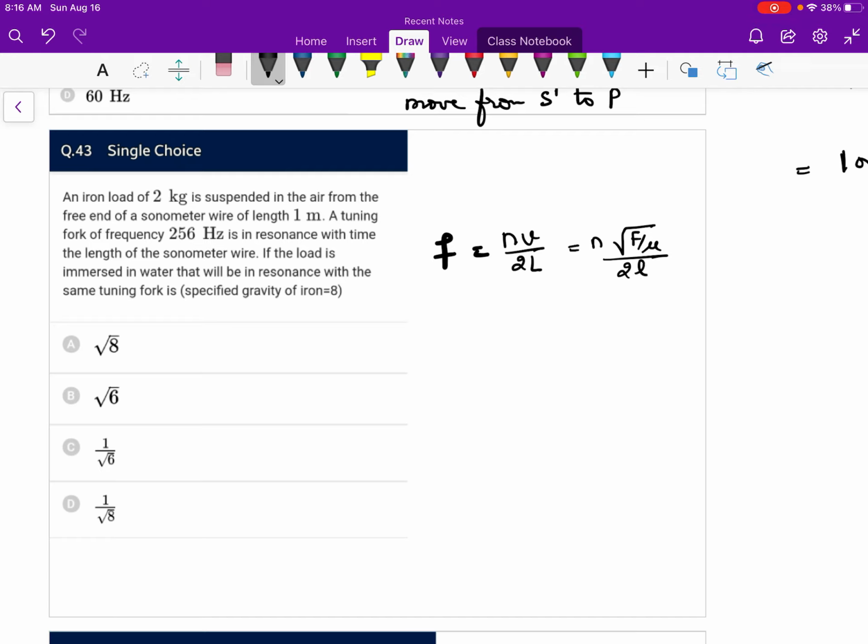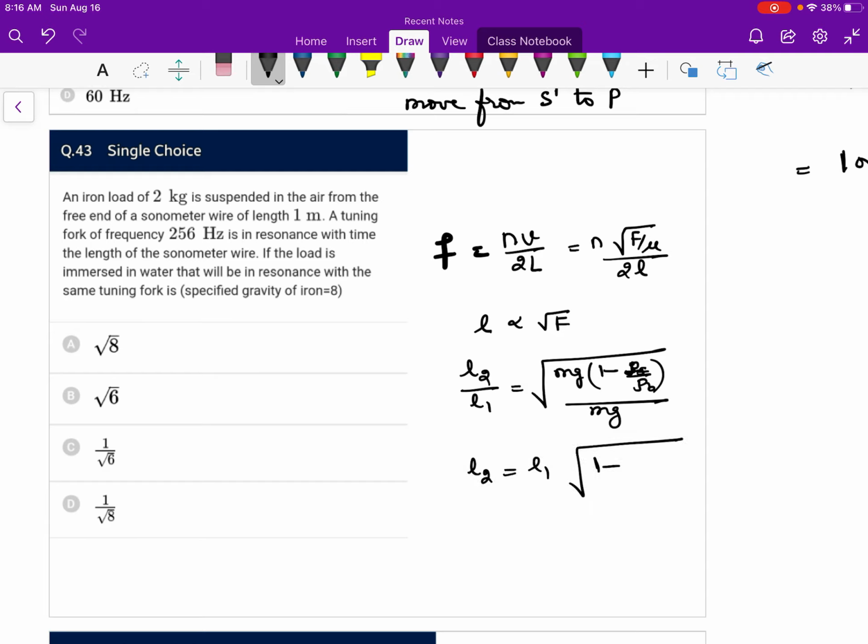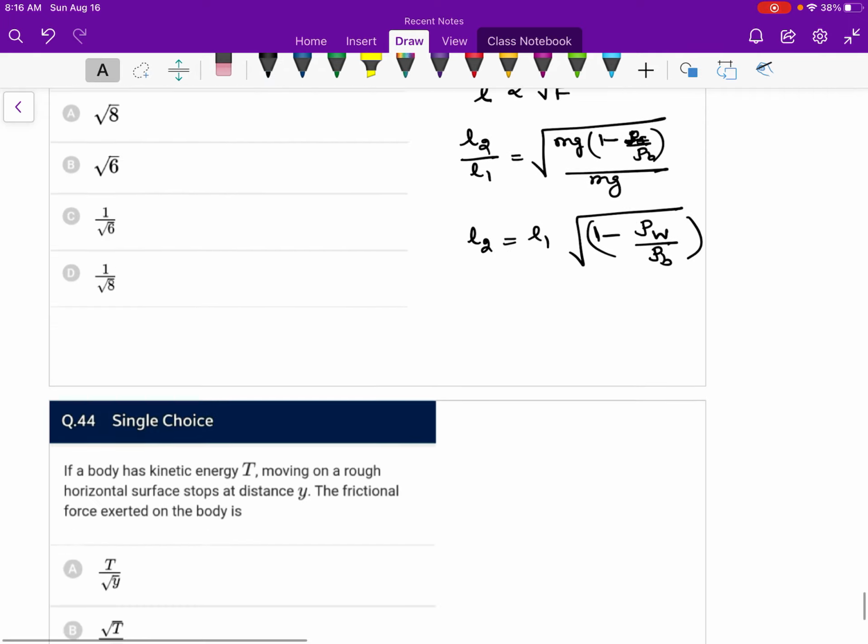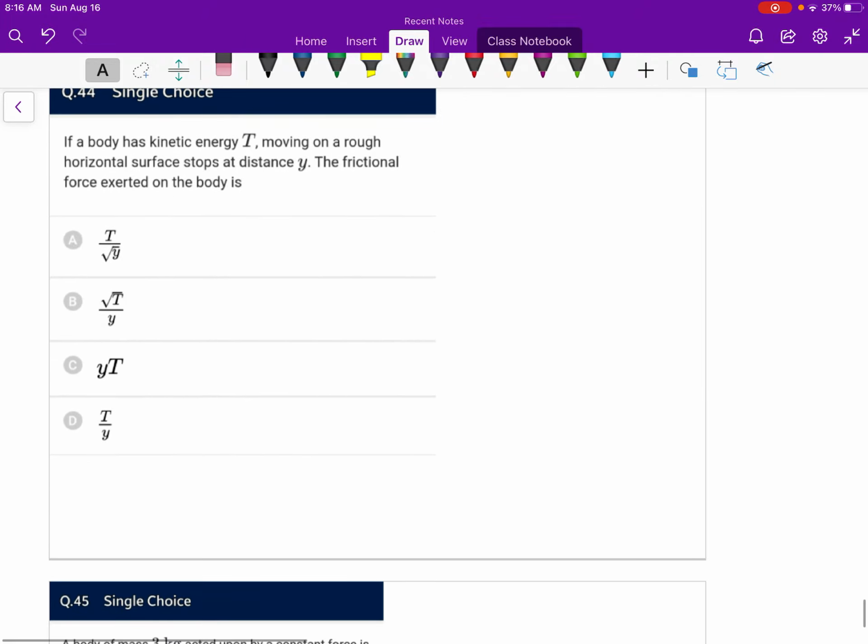So for the same resonant frequency F, the length is proportional to under root F. So L2 upon L1 is under root F2, which is mg into 1 minus rho F upon rho B, upon mg. So L2 is L1 into 1 minus rho water upon rho B. Now data is incomplete, so we are leaving this solution here only.